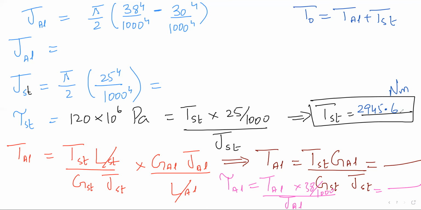I was wrong. Okay, anyways, anyone who got 2945.6 for torque of steel? Okay. Then torque of aluminum. Show me why you're doing it wrong.